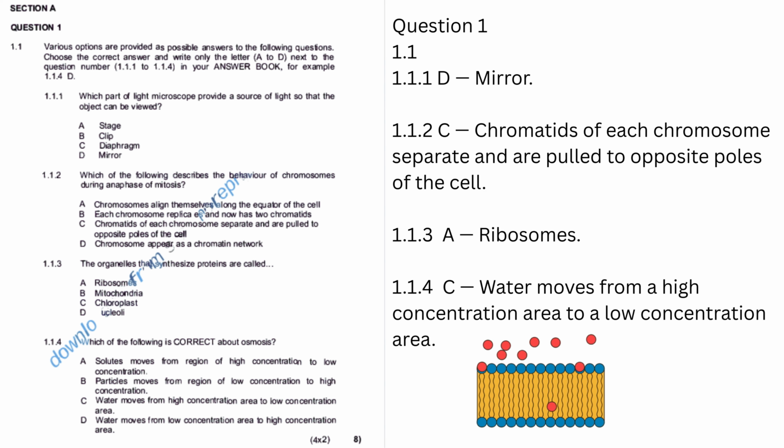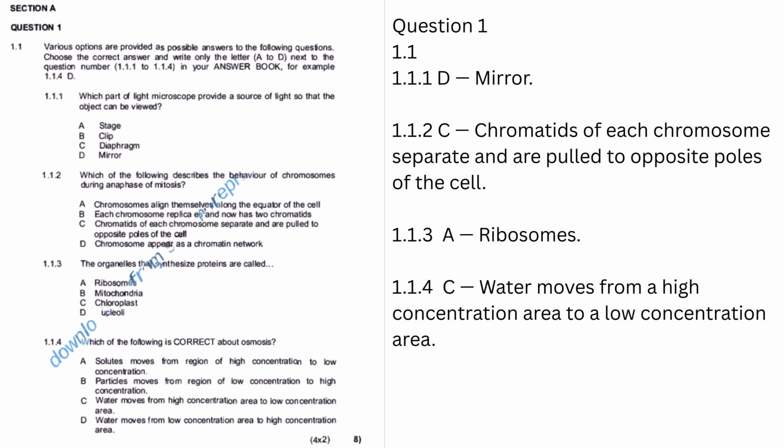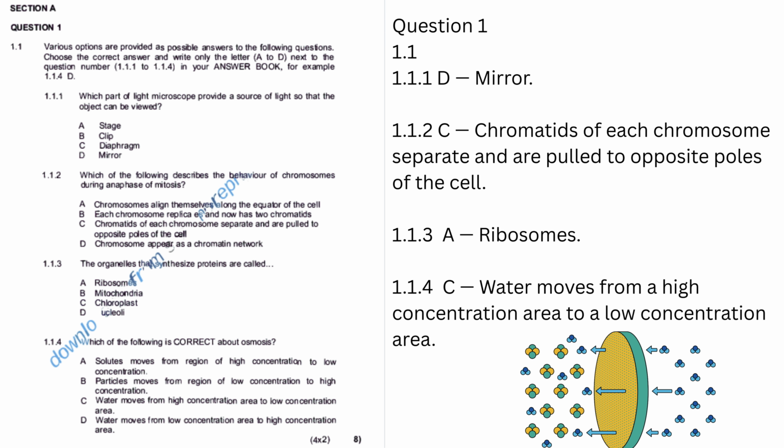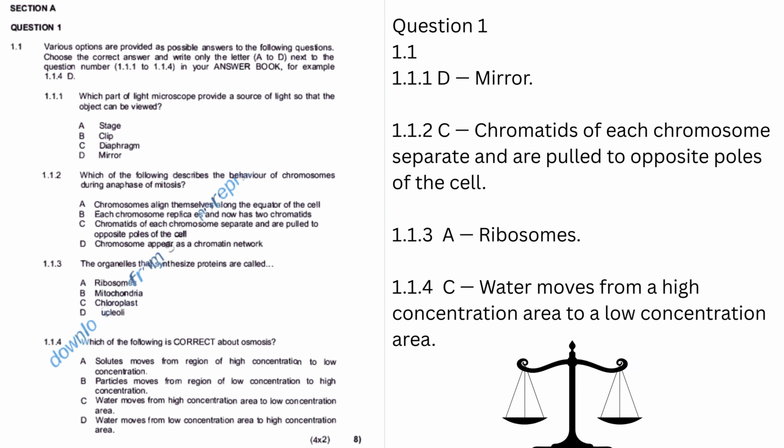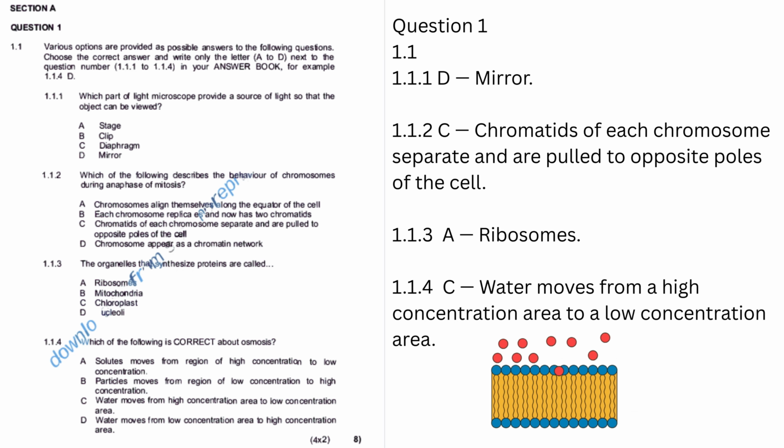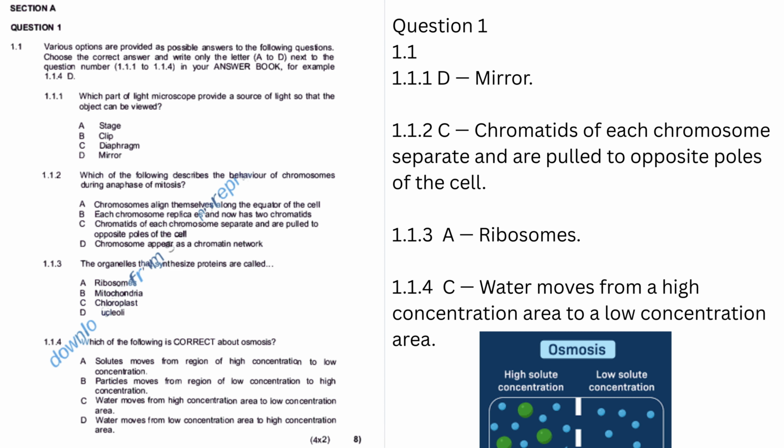And water naturally moves from where there is a lot of it to where there is less of it through a semi-permeable membrane. Think of it like this. Water wants balance. If there's too much on one side, it moves to even things out. So remember this rule. High to low, that's osmosis. Water moves from a high concentration area to a low concentration area.